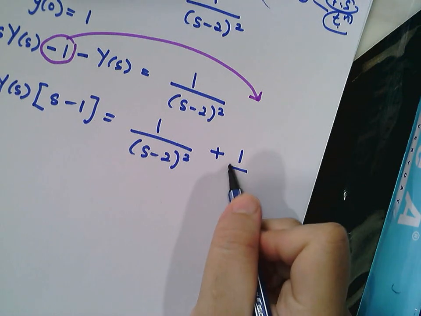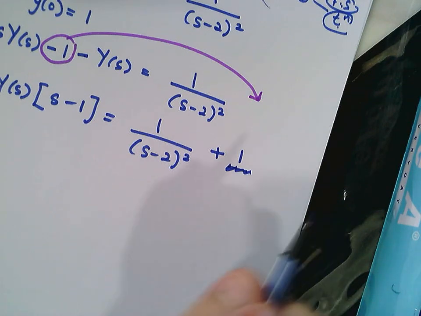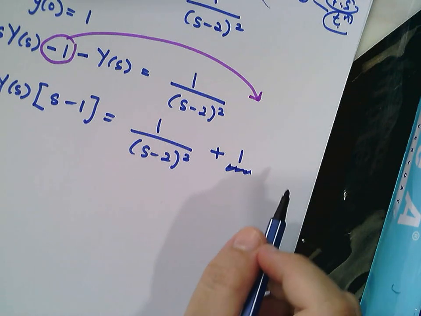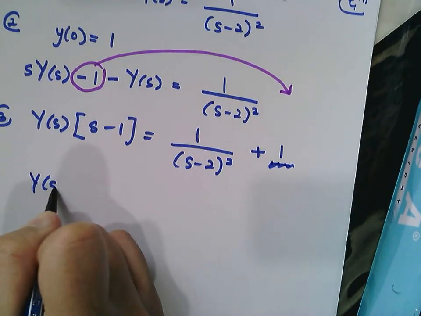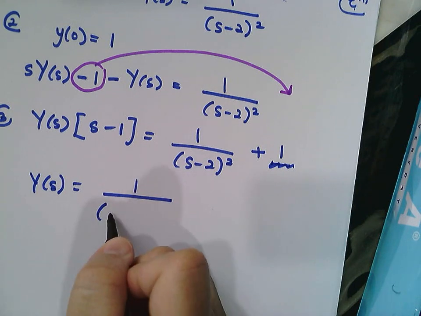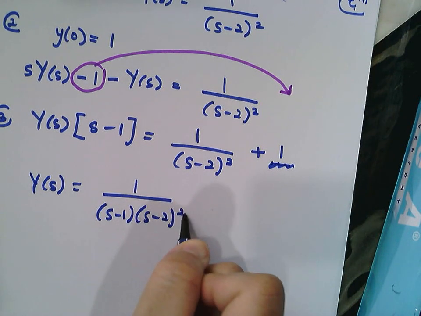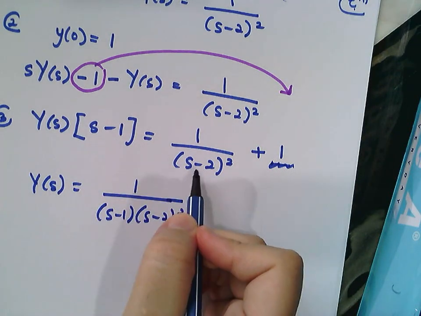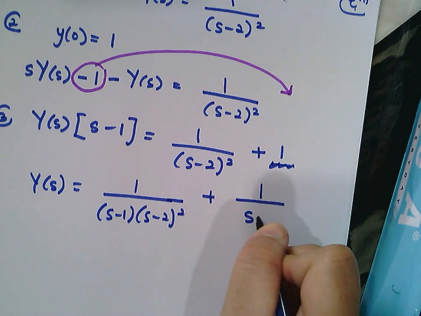Or you can just leave it as it is. Okay, let's look at the pros and cons, I will show you later. So therefore your Y(s) is equal to 1 over (s minus 1)(s minus 2) squared, plus 1 over (s minus 1).